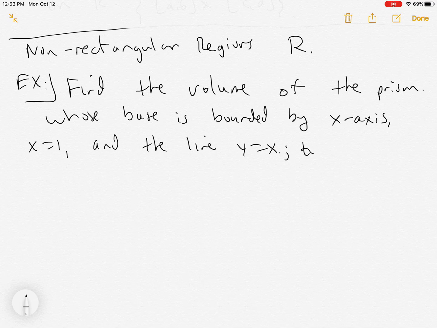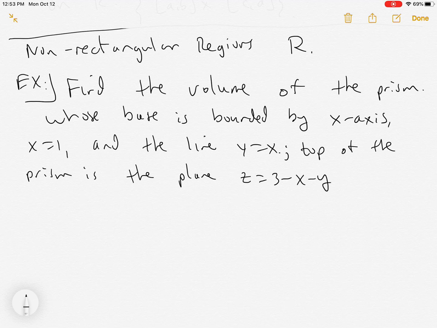The top of the prism is the plane z equals 3 minus x minus y.